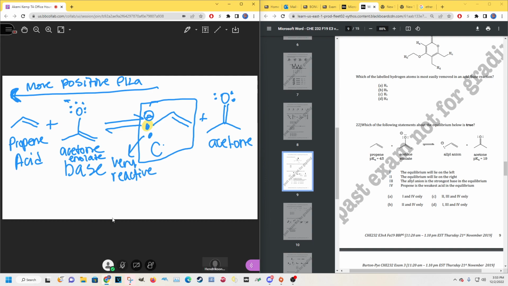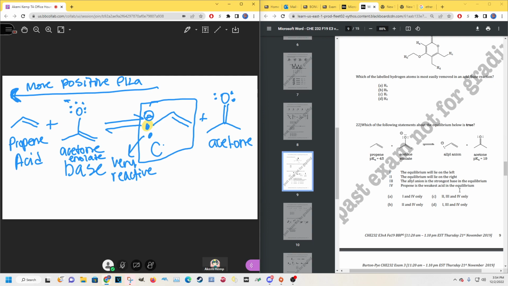So when figuring out which atom is more basic, ask yourself: is the lone pair on the least electronegative atom? If it is, it's definitely more basic. So 3 is true.